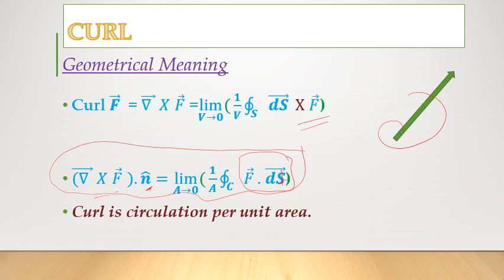It should have been dl vector, and you should consider a closed curve in a plane perpendicular to this unit vector n cap, and you take this line integral, divide by the area bounded by that curve, and that will go to the limit. That will be the component of this curl vector along that n cap direction.